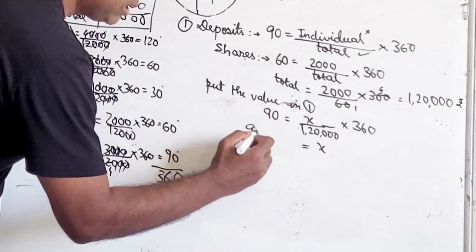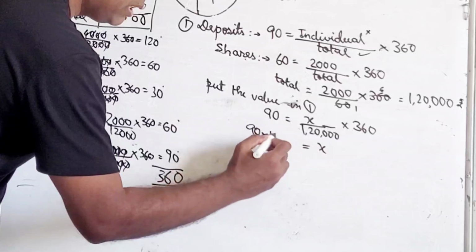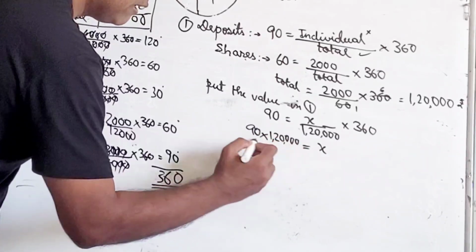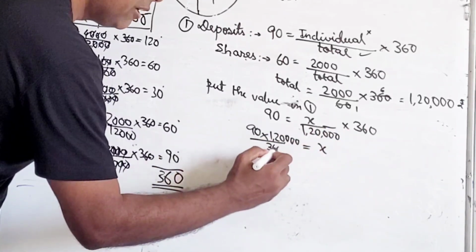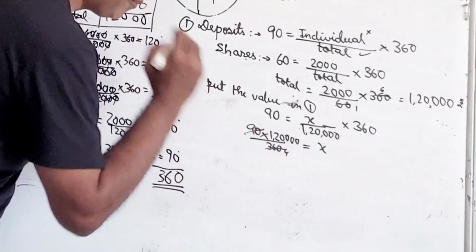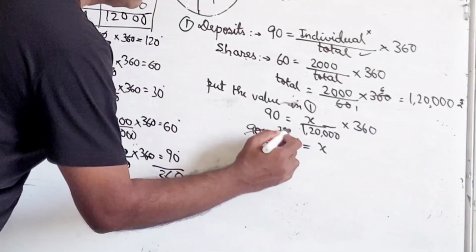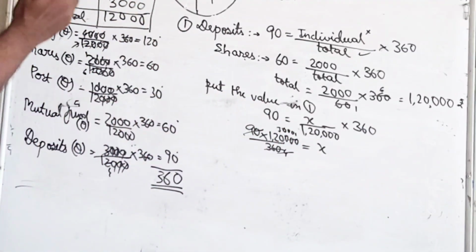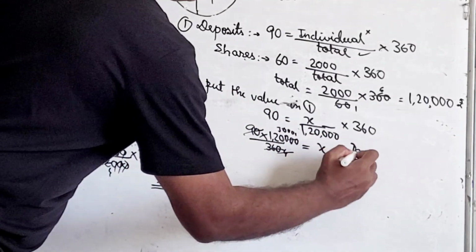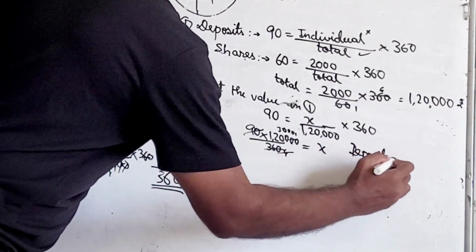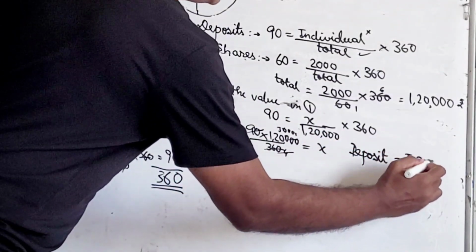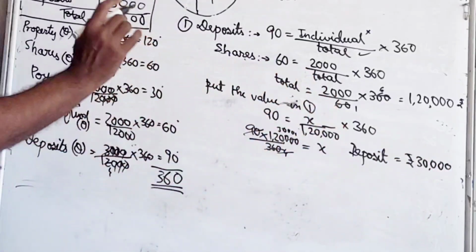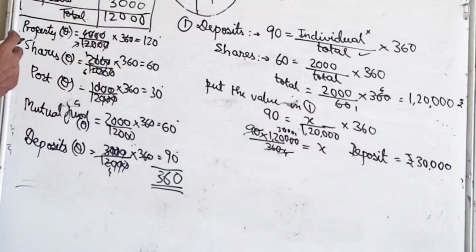So all these things come this side. So division becomes multiplication, and multiplication becomes division. 9 fours are 36, 4 threes are 12, so that means deposit is going to be 30,000. So basically, see, you don't have to learn any new formula. It is the same thing that we are going to do.